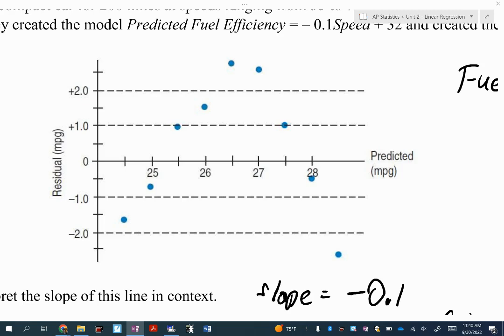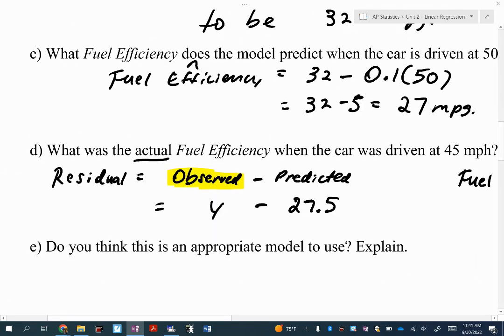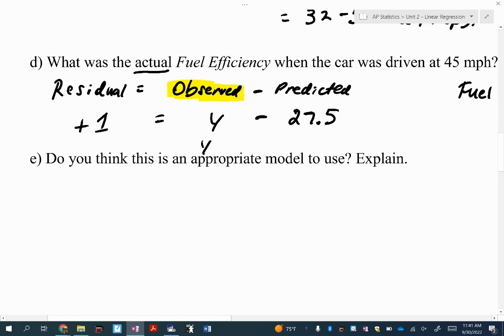If I go over to my y-axis, it says here's the residual. So what is my residual associated with that point? Positive 1. So that positive 1 is going to replace, in my equation, residual. Would you like for me to do that again? No? Everybody okay? Okay.